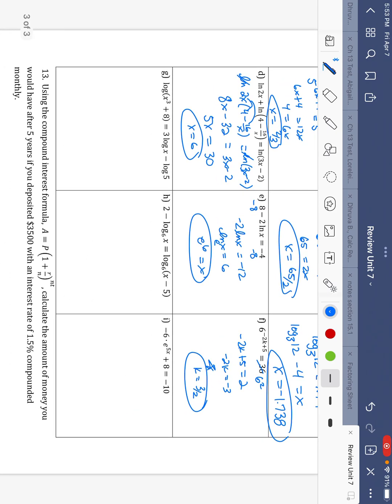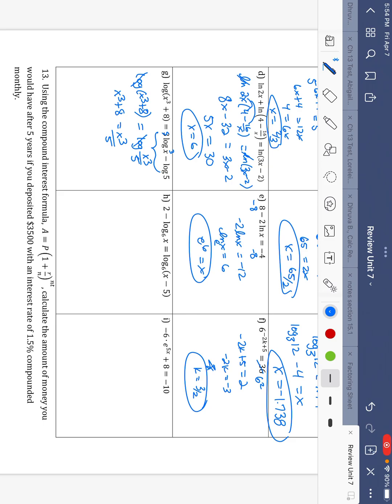All right, letter G. So in letter G, I have all logs again. So I'm going to condense this side. So that 3 is going to go up top. So I have basically log of x to the 3rd over 5 equals log of x to the 3rd plus 8. So I can drop these logs. So x to the 3rd plus 8 equals x to the 3rd over 5.